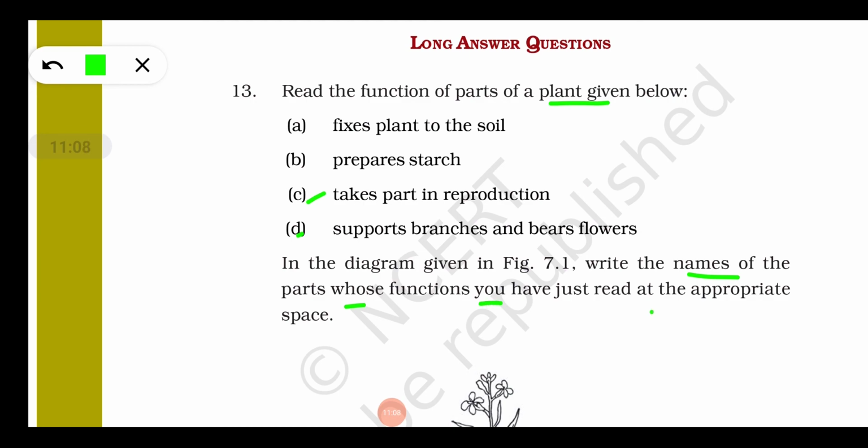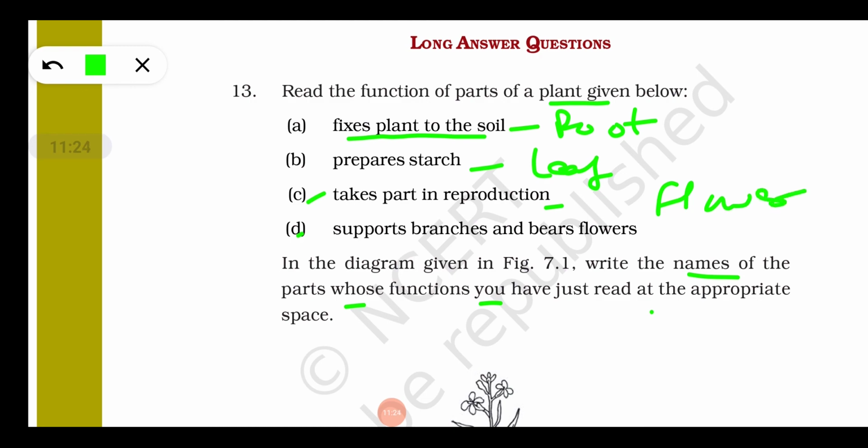Okay, so plant part which fixes plant to the soil is root, and prepare starch is leaf, take part in reproduction is flower, and support branches and bears flower answer is stem.